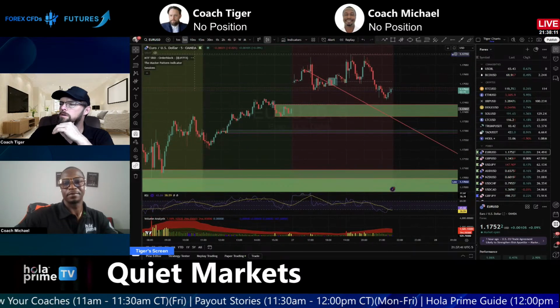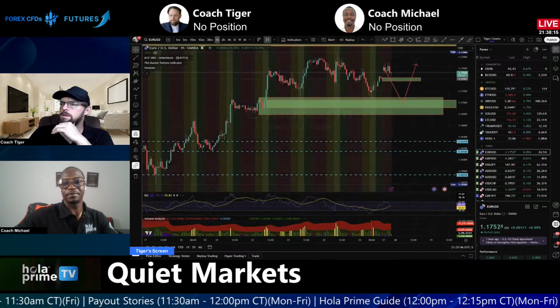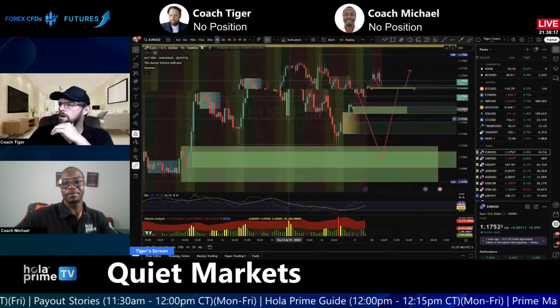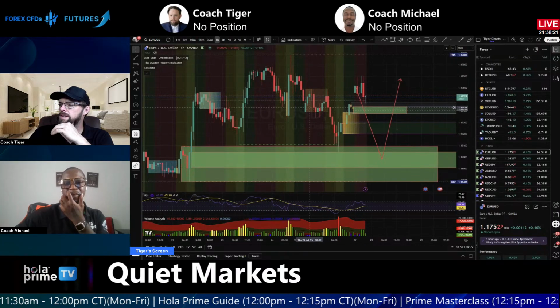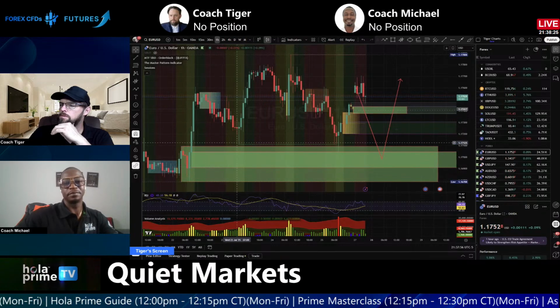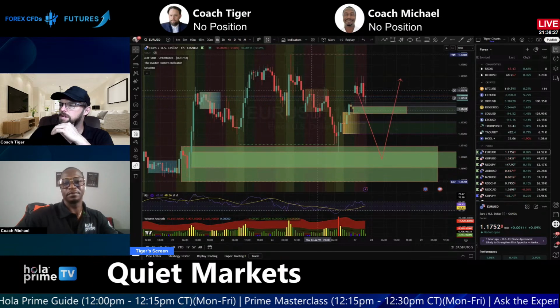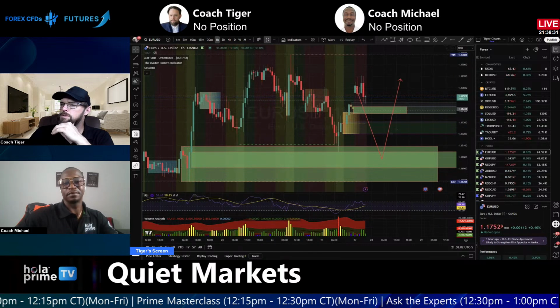The euro dollar made a little more sense. It is kind of diddling in the middle. If I were to go for that zone here, we have this low point, this low point, and this high point, and then kind of a double bottomish.